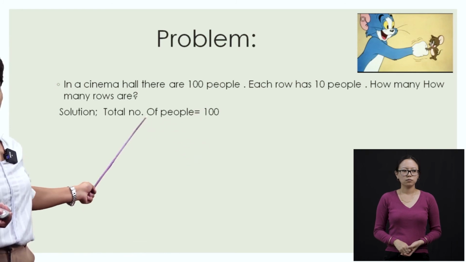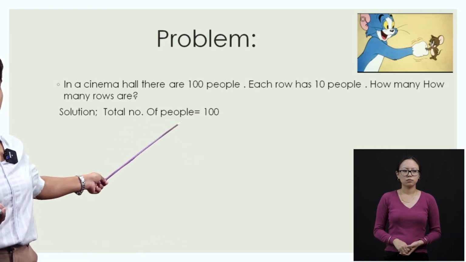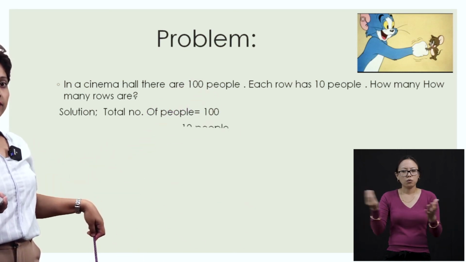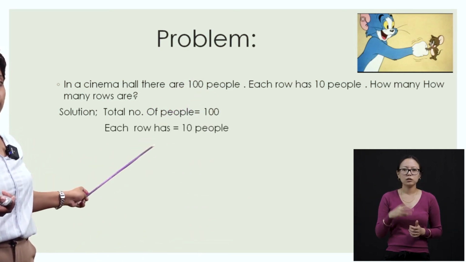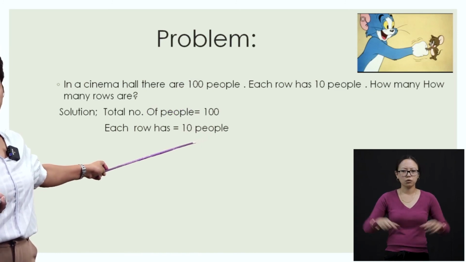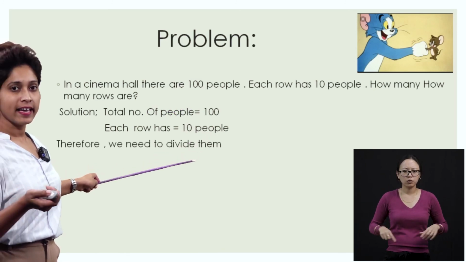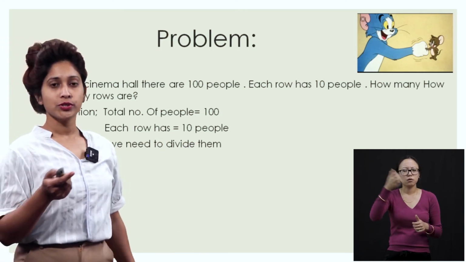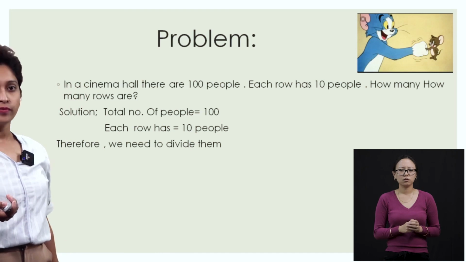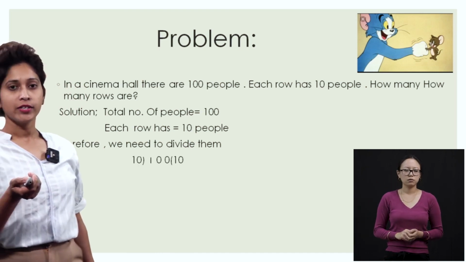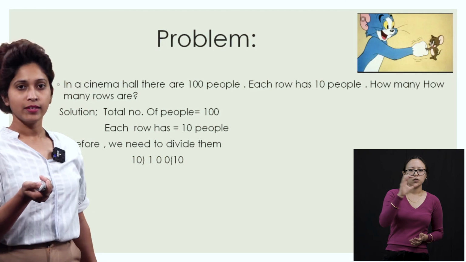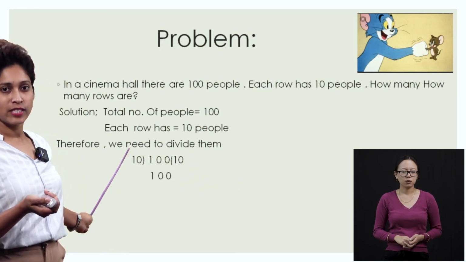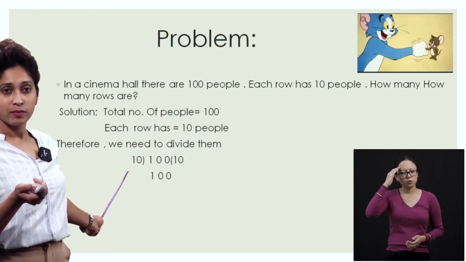So what you need to write down: total number of people. We have 100 people, right? Then each row has 10 people. To find the answer, class, you need to divide them. When you divide 100 by 10, we are all familiar with the table of 10, the easiest multiplication table.